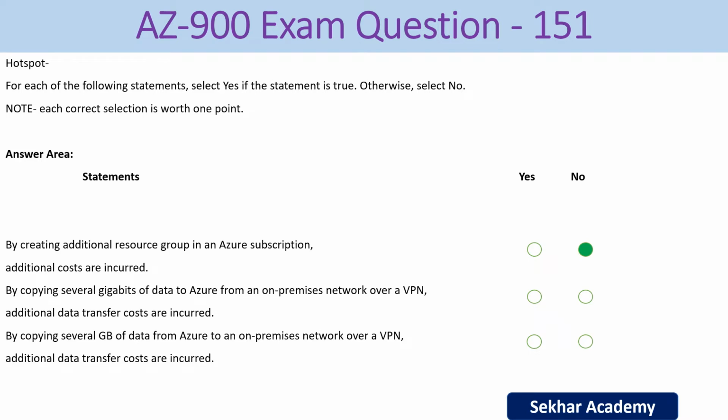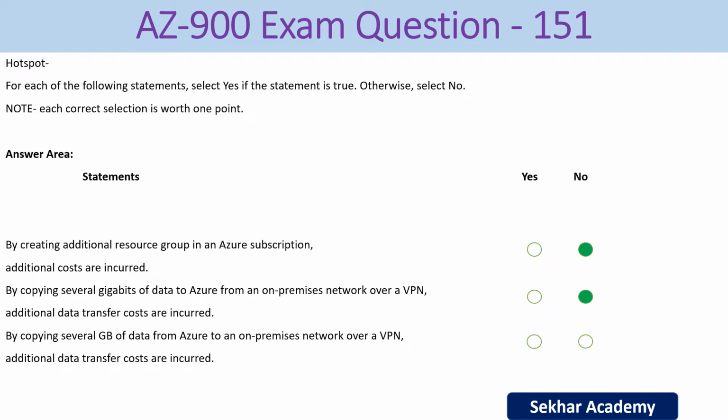Let's go to statement 2. By copying several gigabits of data to Azure from an on-premises network over a VPN, additional data transfer costs are incurred. So this is also no, right? So copying to Azure from on-premises, there will be no additional data transfer cost.